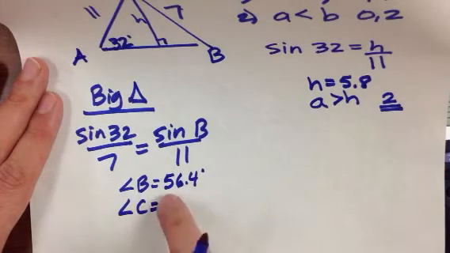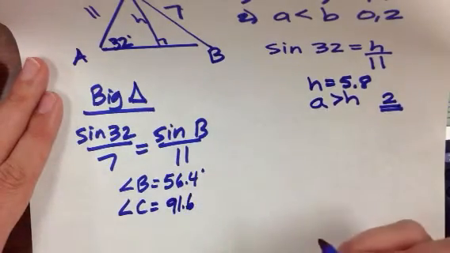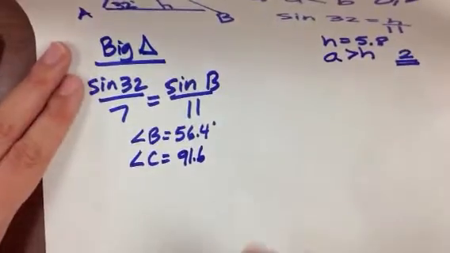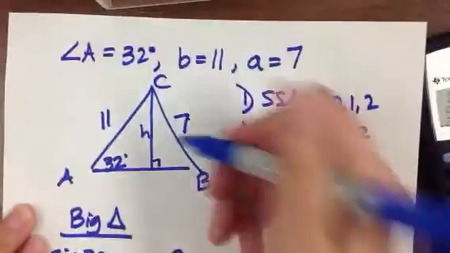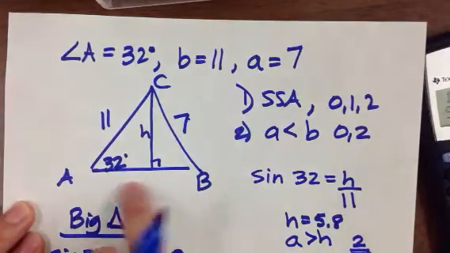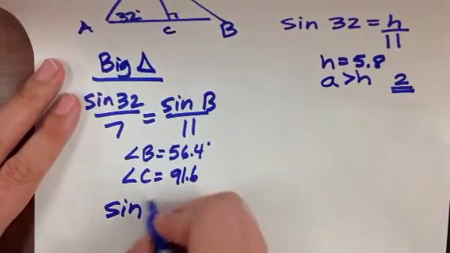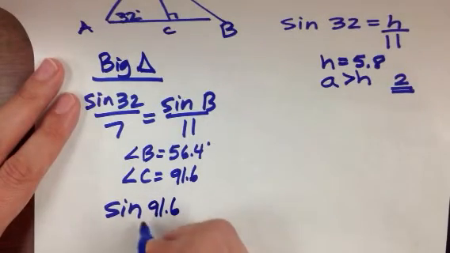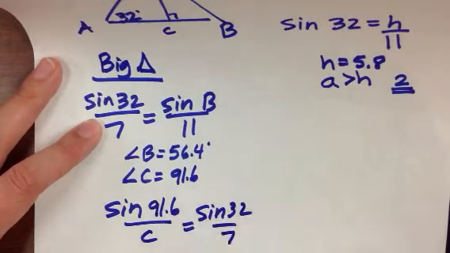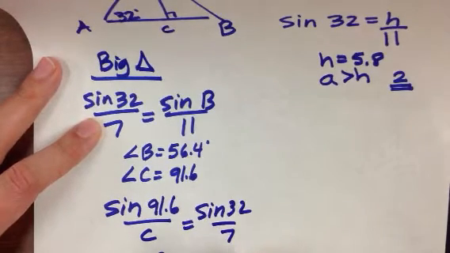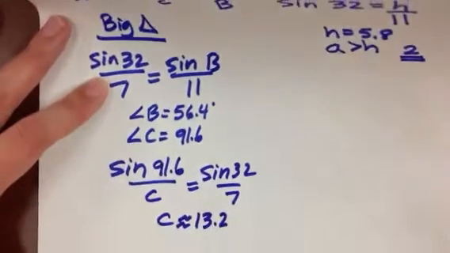I take 180, subtract 56.4, subtract 32, and I should get 91.6. And then I set up the law of sines. The only measurement I'm missing is this length right here, which is little c. So I take sine of C, which I know is 91.6, over c, equals the ratio that I already know. Solve it, and I get c to be approximately 13.2 units long.